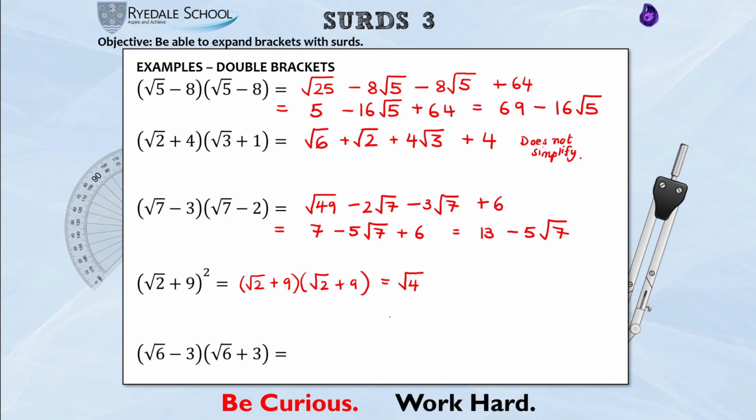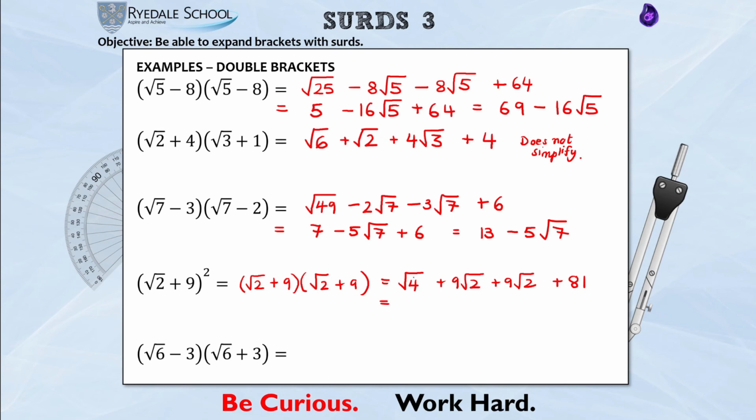I'll worry about tidying that up in a minute. Let's do my outers. 9 times root 2, 9 root 2. Let's do my inners. Also another 9 root 2. I'll combine those in a moment. And then my lasts are 9 times 9, which is 81.